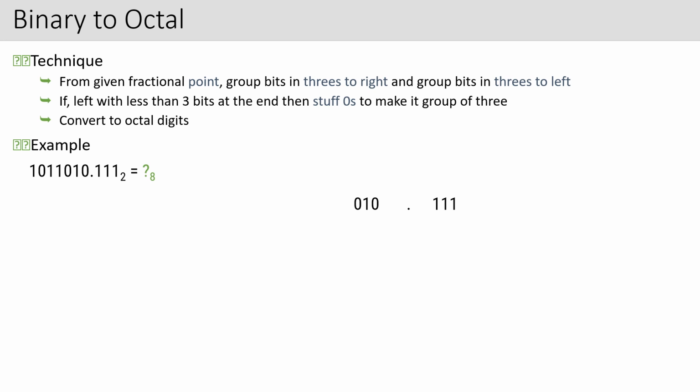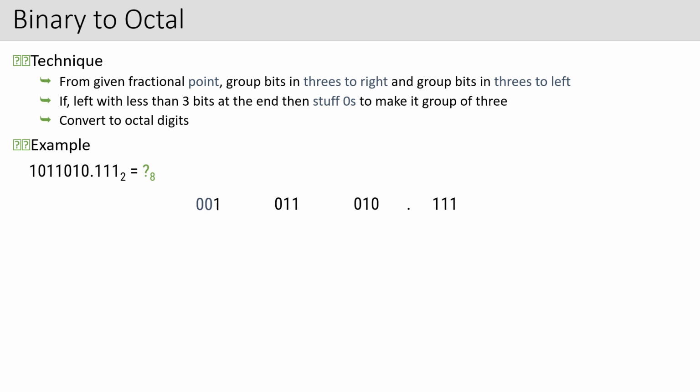Then here 0, 1, 0 is a group of 3. Then 1, 1, 0 is a group of 3, right? What is left? 1. But you will have to convert this 1 into 3 bits. So you will write it as 0, 0, 1. I cannot add to the right of 1, so I will write 0, 0 before it.